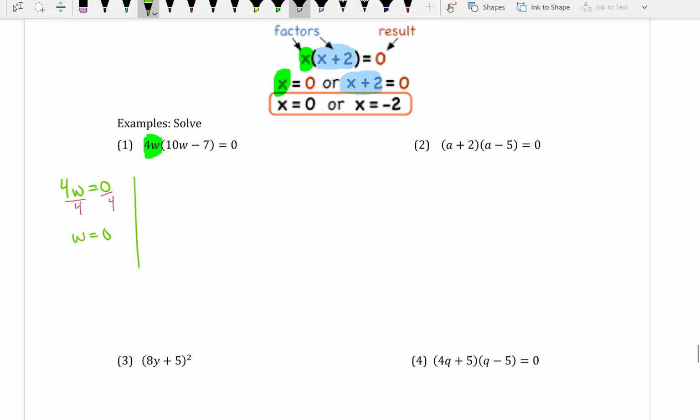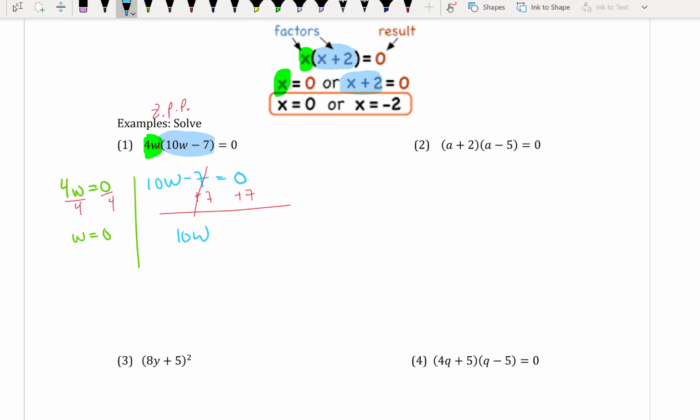So that was 1. Now, for our second part, we're going to have to set this parentheses equal to 0 as well, since these two were being multiplied together. So what we're using is the zero product property or principle. So now we have that 10w minus 7 is equal to 0. So I'm going to add 7 to both sides.